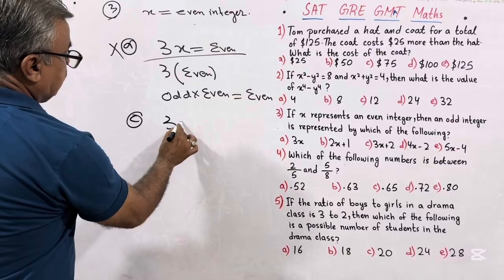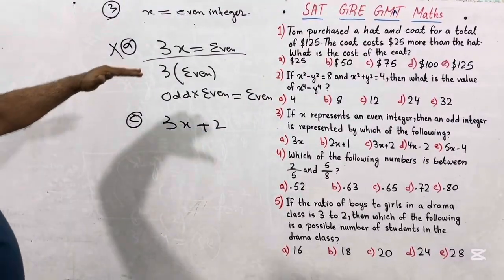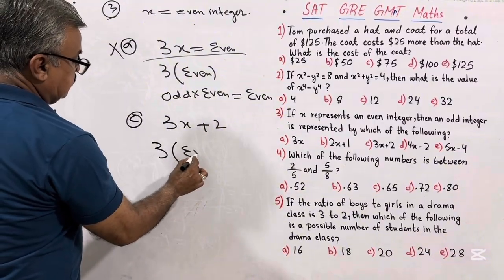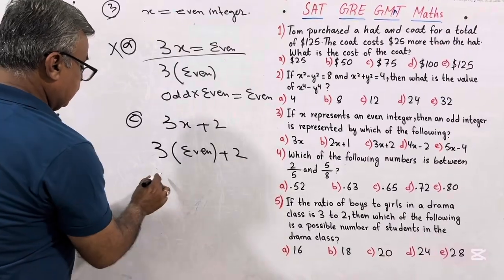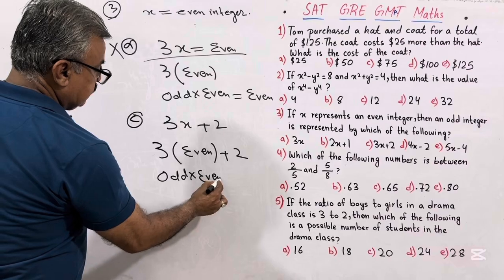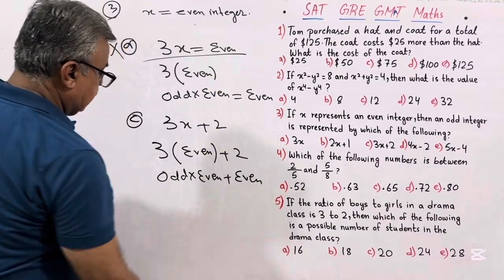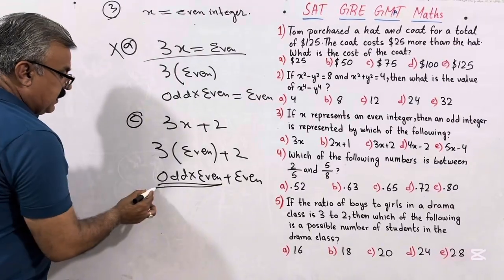Our option C is 3x plus 2. Plugging in the nature of x, that's even: 3 times x is even, plus 2. 3 is odd, odd times even is even, and 2 is even, so even plus even.